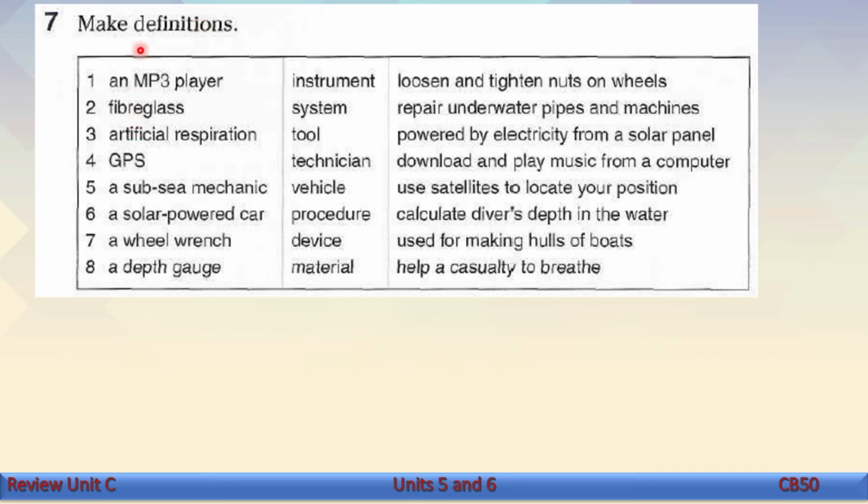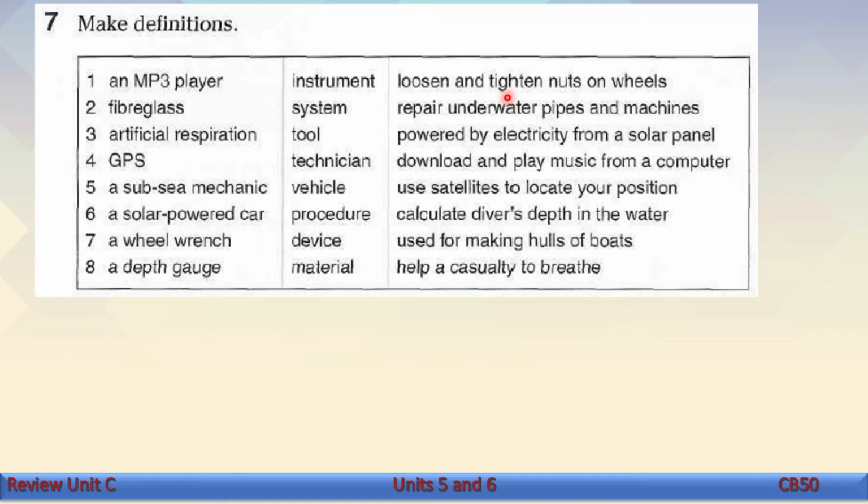We have words here, the type nouns here, and the functions here. Our task is to make definitions by matching words with type nouns and functions.